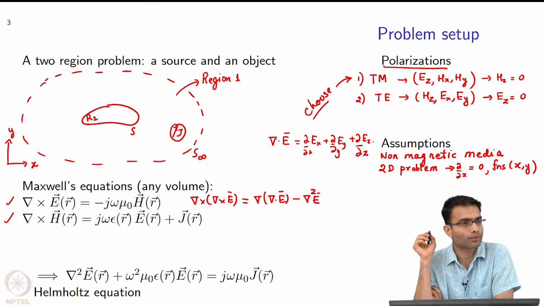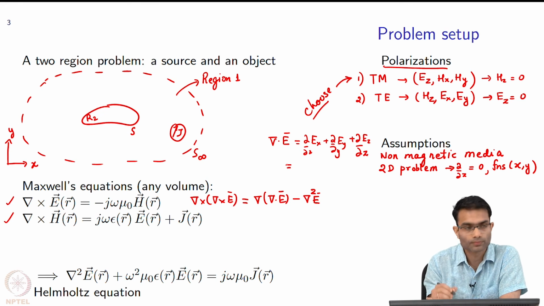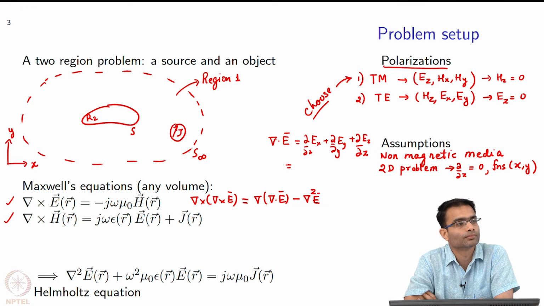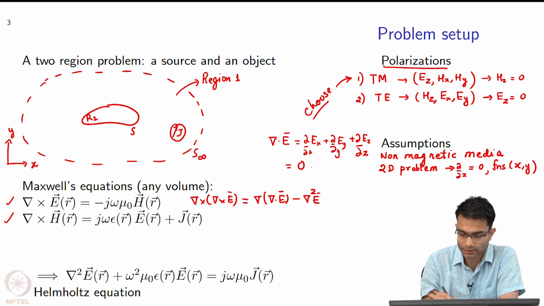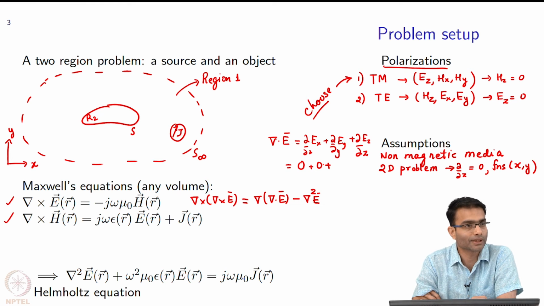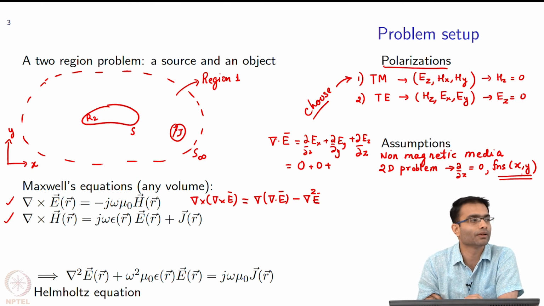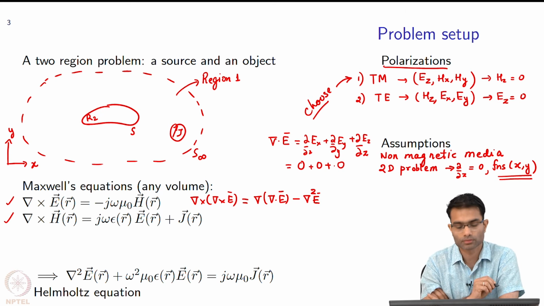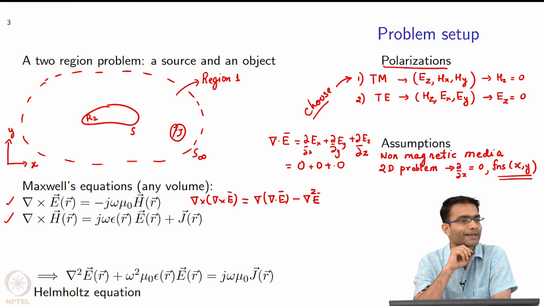For TM polarization, what happens to the first term? 0, there is no Ex. Second term 0, third term 0, right, because Ez is non-zero, but Ez is not a function of z. We said that all things are functions of only x and y. So, all 3 terms are 0.